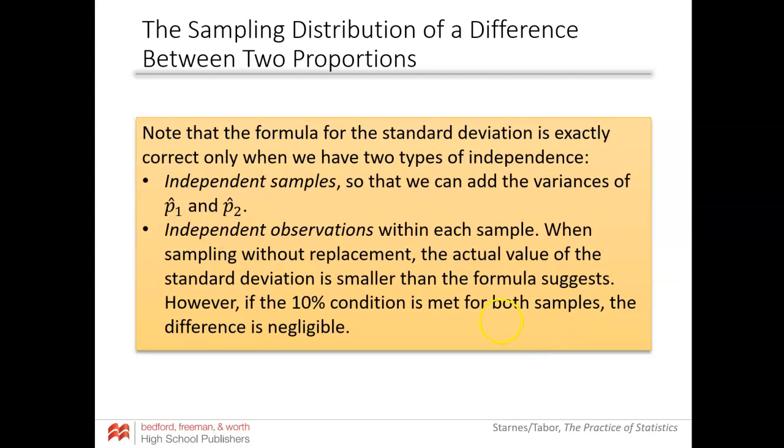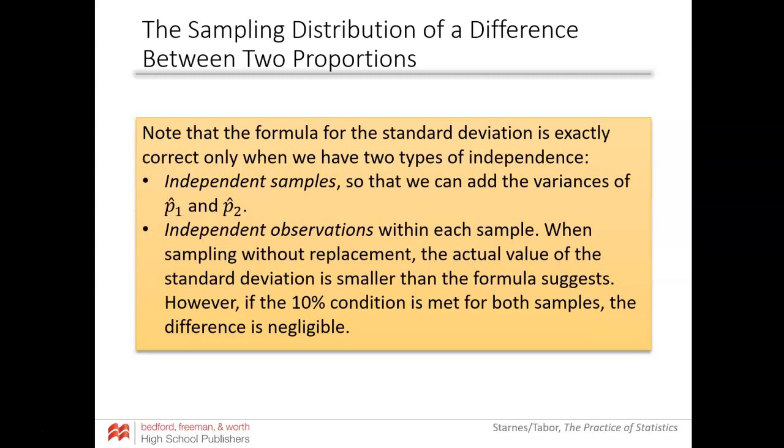That's the good news. Now, there's a big note here. Note that the formula for standard deviation is exactly correct only when we have two types of independence. So we have to have independent samples so that we can add the variances of P hat 1 and P hat 2. And we have to have independent observations within each sample.